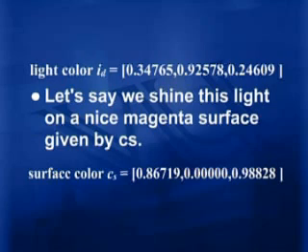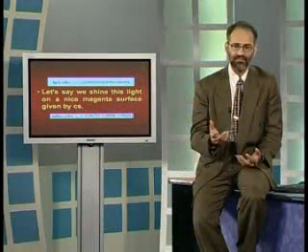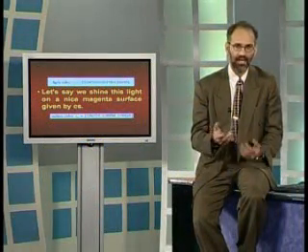So if the three components of our light are these, let's say that we shine this light on a nice magenta surface, given by CS, whose components are 0.86719, 0.00000, 0.98828.